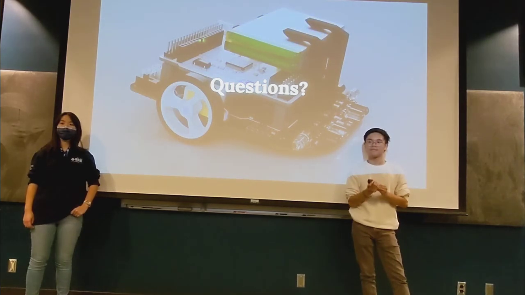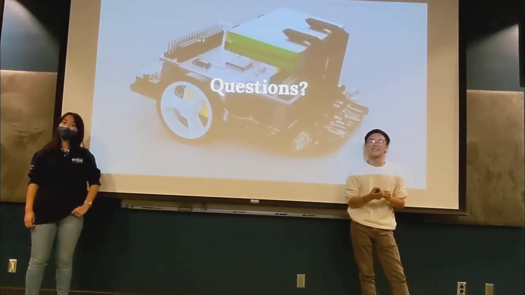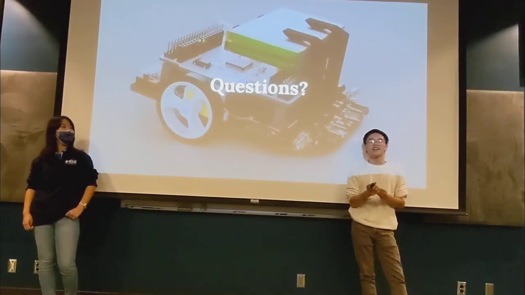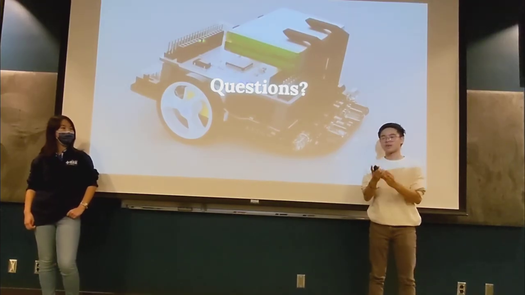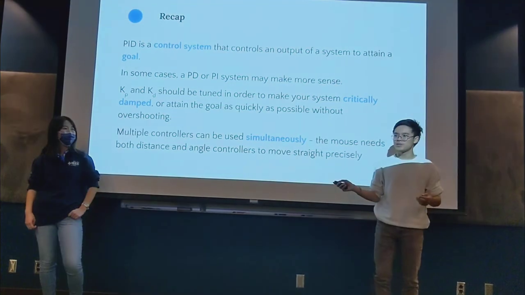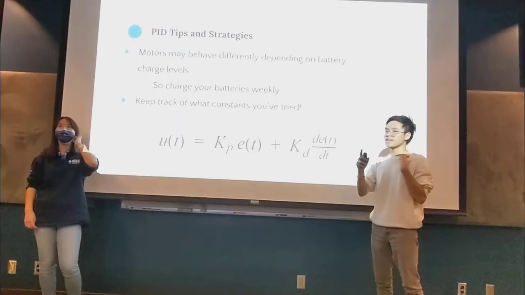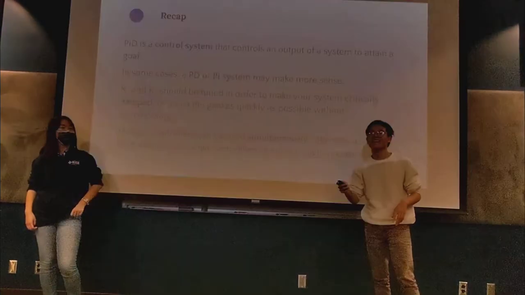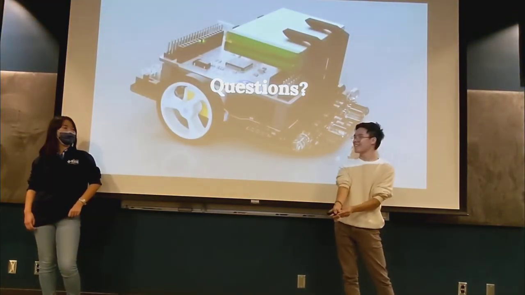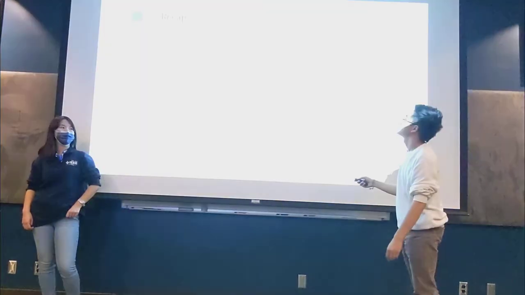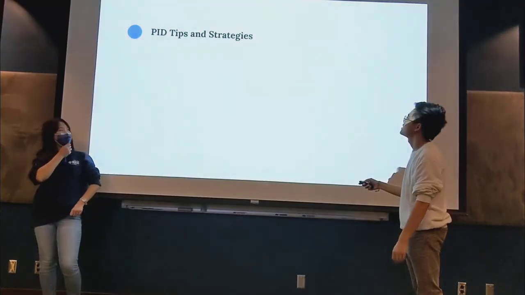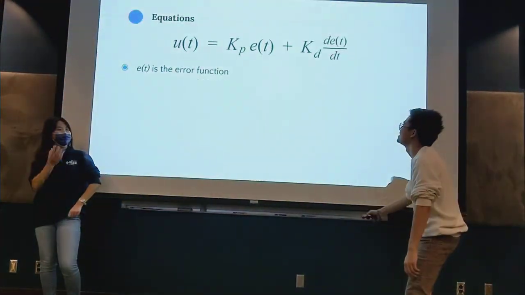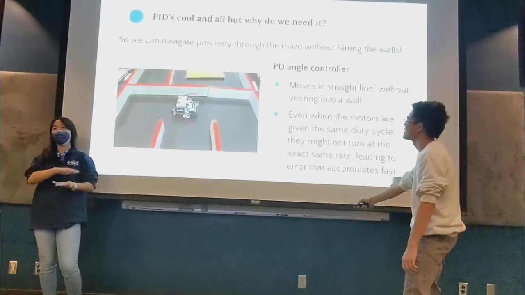Yes. I don't know how applicable this is, but how does the angle controller account for skid? It does not. Skid happens when you have too much speed and it's not stopping in time.